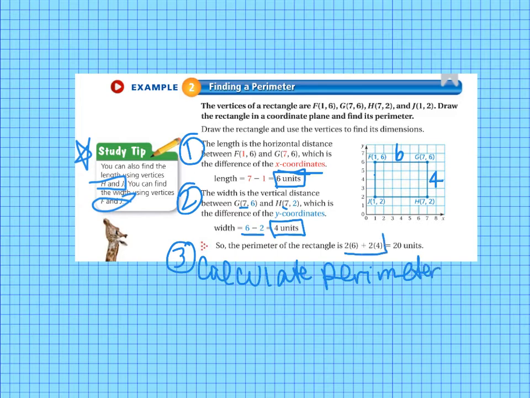And we do that by multiplying 2 times 6, because we have two sides that are 6 units long, and 2 times 4, because we have two sides that are 4 units long. And then we find the sum of those two sides. So 2 times 6 is 12, and 2 times 4 is 8, and we add that up, and we get 20 units.